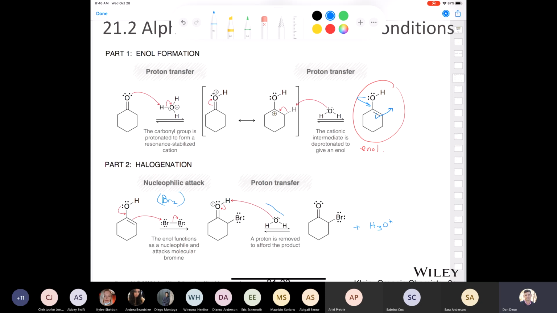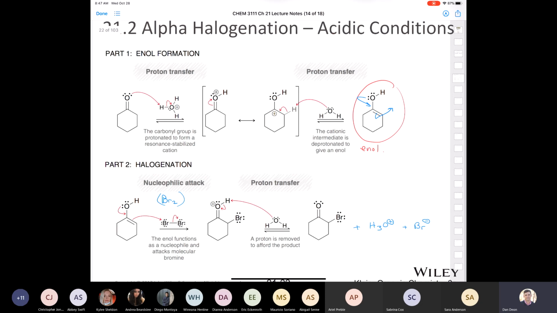In this step, water is taking a proton, and that's going to give you hydronium. So this is what we call an autocatalytic reaction because it reproduces the acid catalyst, and you also have bromide in here as well. Anyhow, kind of a neat reaction, and I'm rehashing myself, but that's why you only need a catalytic amount of the acid, so an autocatalytic reaction.